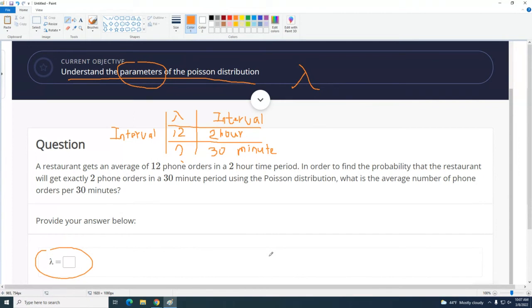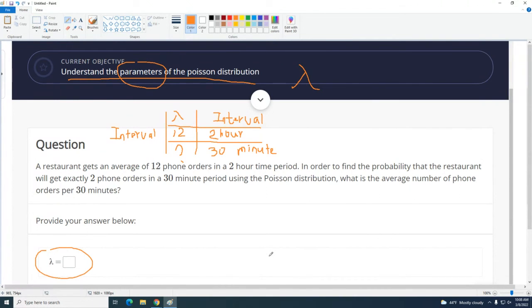In this question, in order to calculate probability, what do we have for the lambda? So how many phone calls for 30 minutes? 12 for 2 hours. How many for 30 minutes? 6? 3?